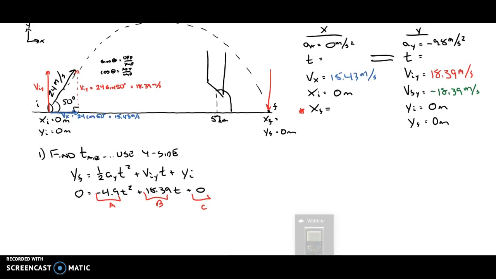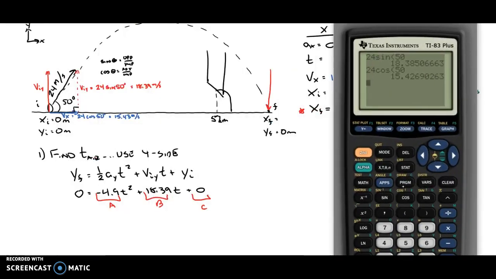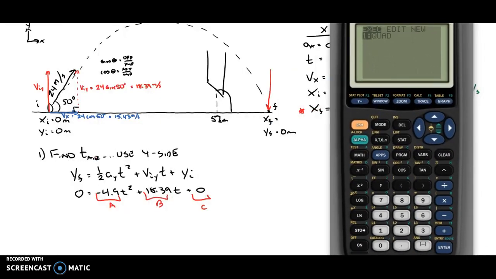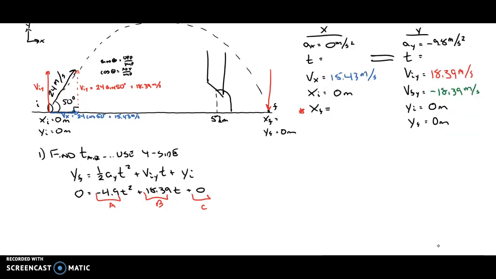You can solve by factoring, but for the sake of time, I'm going to pull up my calculator, and in here I've already programmed the quadratic formula. When I hit enter, it's going to ask me for my A term, negative 4.9, my B term, 18.39, my C term is 0, and I'm going to get 2 times, a time of 0 and a time of 3.75. t equals 0 seconds and 3.75 seconds.